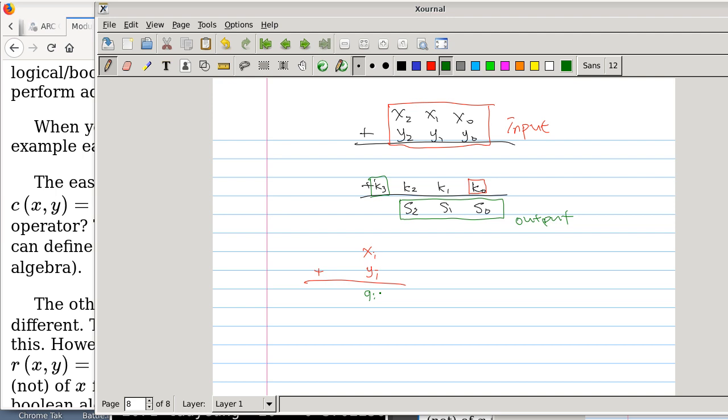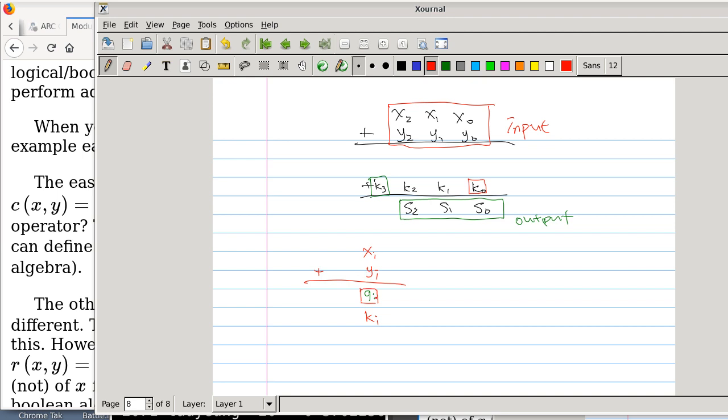And then you have another half adder. The other half adder is a little bit more confusing because qi is one part of its input, and then ki is the other input of that half adder.